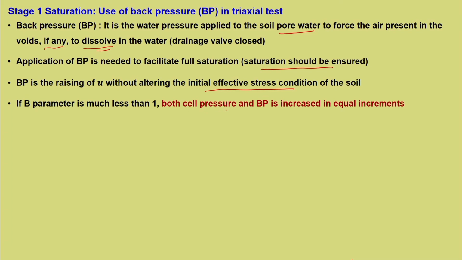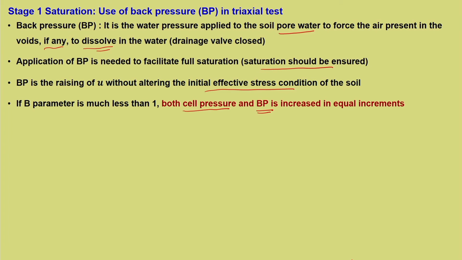If the B parameter is much less than 1, which means it is not saturated, then both the cell pressure and the back pressure are increased in equal increments. Now, back pressure is mostly applied along with the drainage line, from where the pressure is delegated into the soil sample, and that raises the pressure.